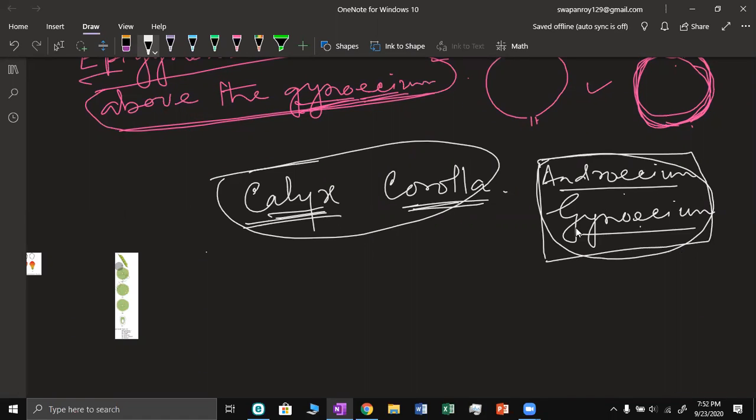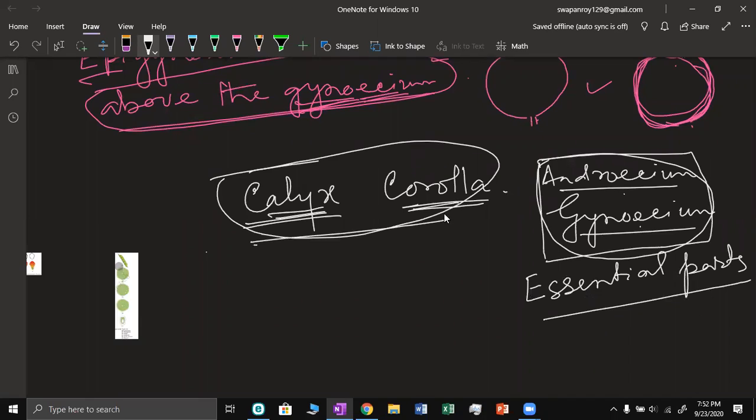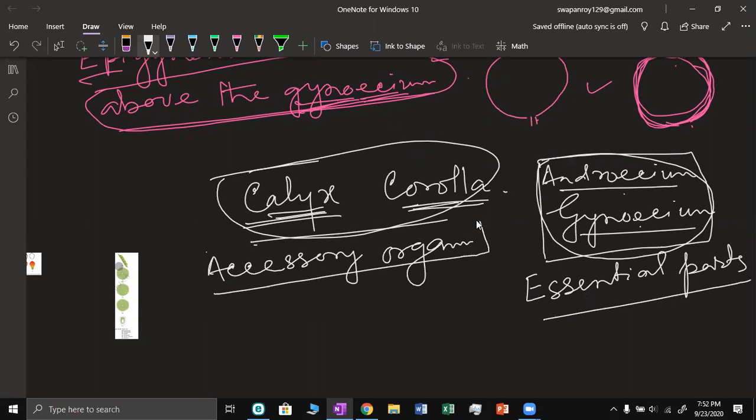So these two are called the essential parts or the essential organ. And calyx and corolla, they are accessory organ. Accessory organ means it is helping in reproduction.